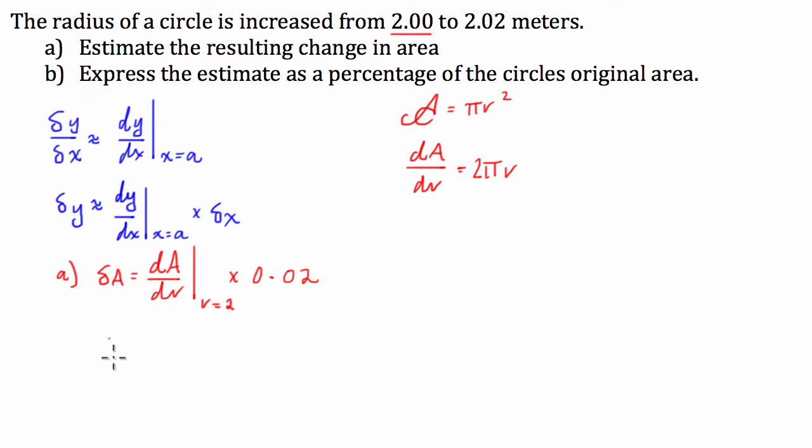So let's do this. We have delta A equal to the derivative of A with respect to r, evaluated when r is equal to 2. So we have 2 pi times 2 multiplied by 0.02.